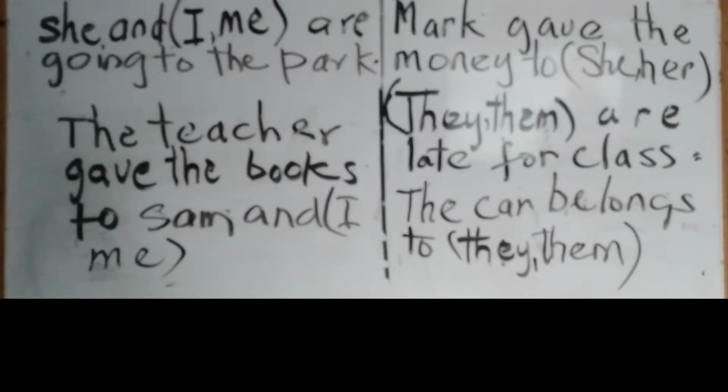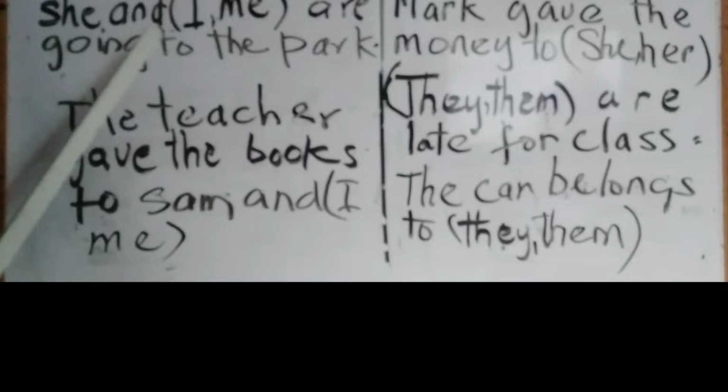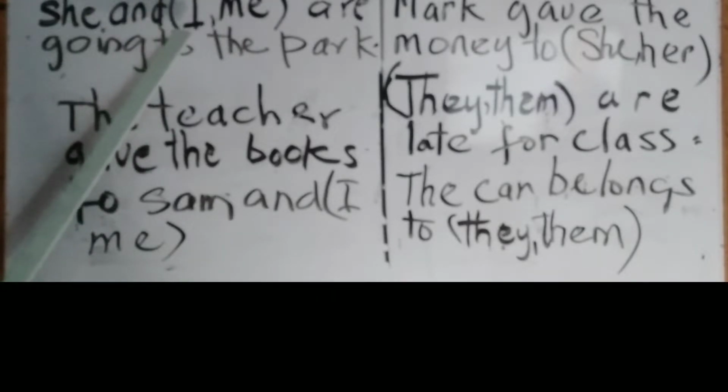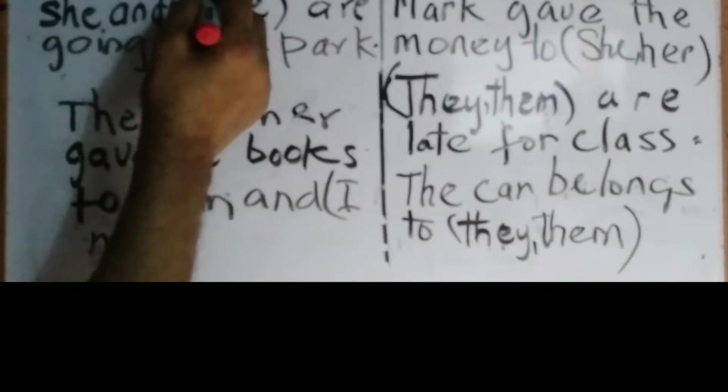Remember, the subject is the part that is doing the action, and the object is the part that is receiving the action. So the first sentence, she and I, me, are going to the park. The pronoun is acting as the subject. And which of these is the subject pronoun? Is it I or is it me? It is I. So we would say she and I.